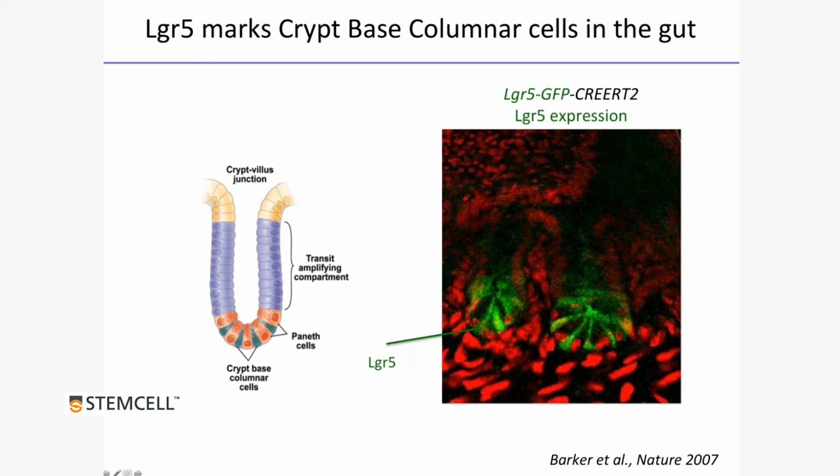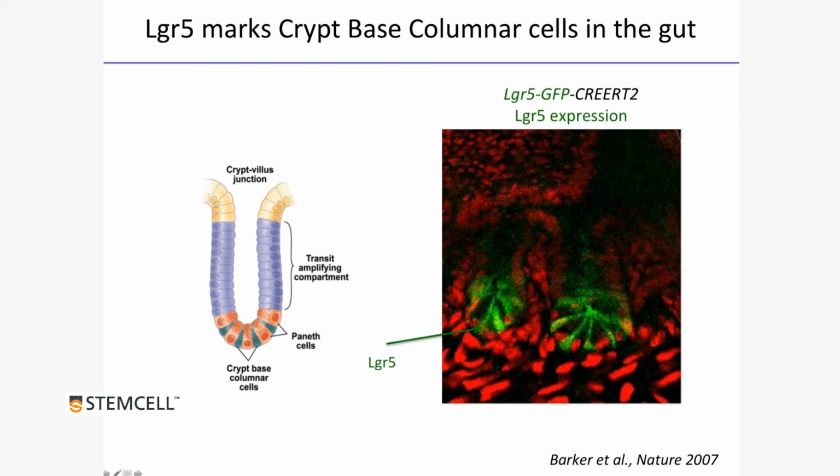And Leblond, in the mid-50s, had postulated that these cells might be stem cells in the gut because they were actively cycling. So at that moment, there was not the technology, but when Nick Barker identified this LGR5 as a marker of this subset of cells, he asked the question, are these stem cells in the gut?